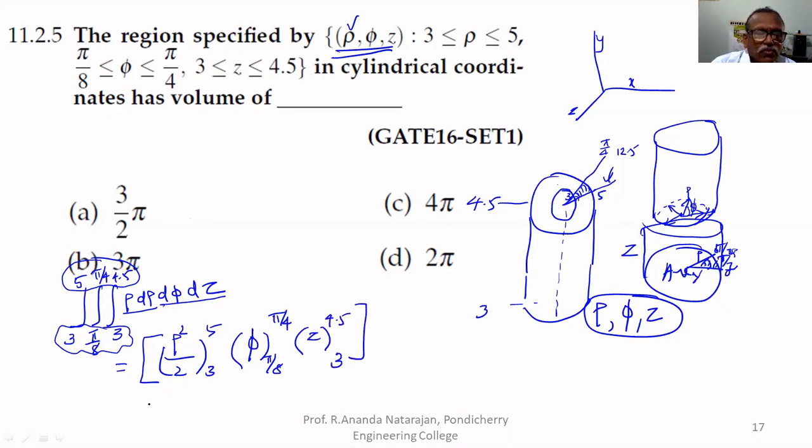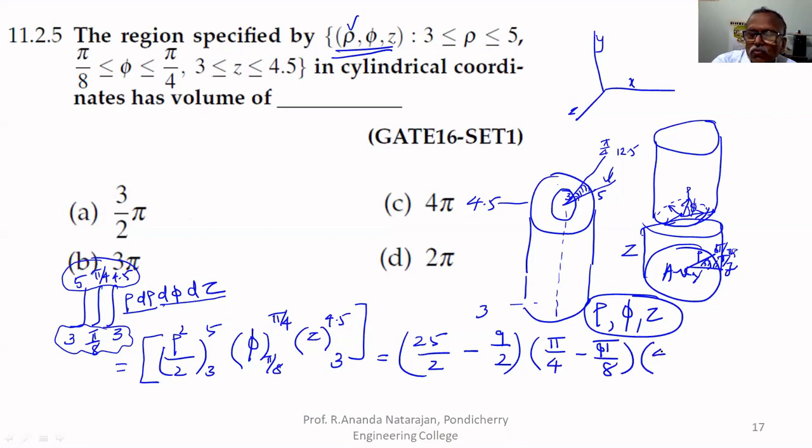If you calculate these values, you get 25 divided by 2 minus 9 by 2, multiplied by pi by 4 minus pi by 8, multiplied by 4.5 minus 3.